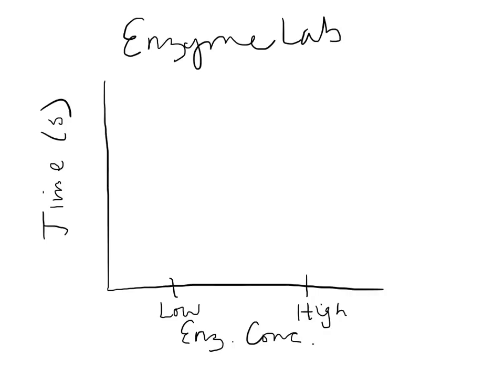And with any kind of molecular or biological activity that we're timing, remember that when we had high enzymatic activity, the time was very low. And when there was low enzymatic activity, the time was very high.